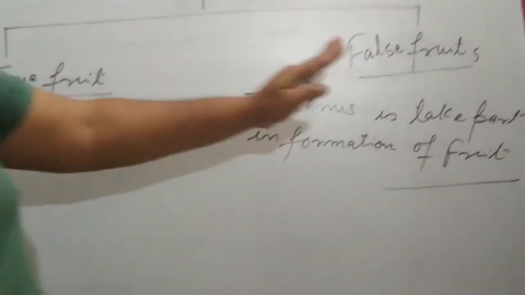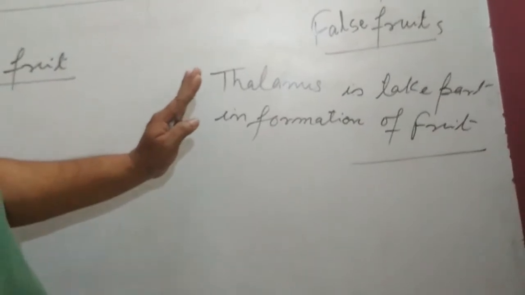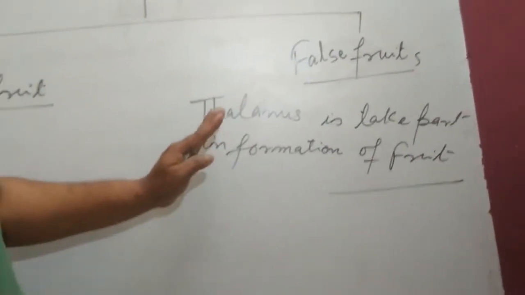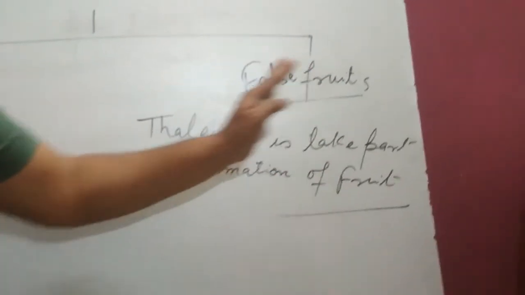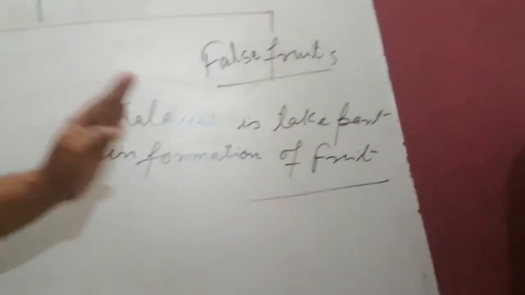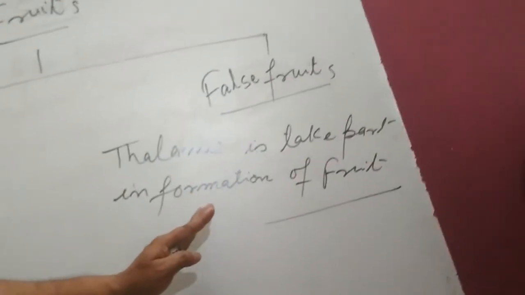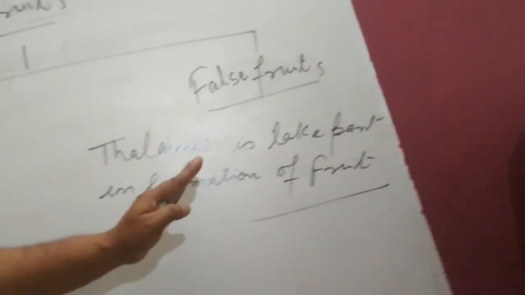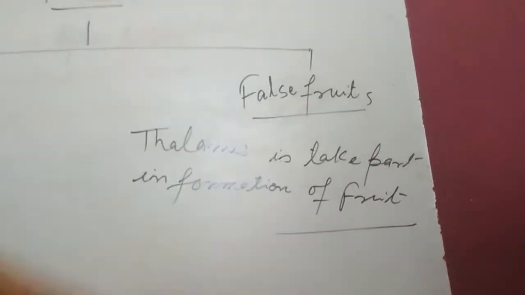So false fruits are those in which, except the ovary, other flower parts take part in the formation of fruit, and that is called the false fruit. False fruit are those in which, leaving the ovary, the thalamus and other parts of the flower participate in the formation of fruit, and that is called the false fruit.